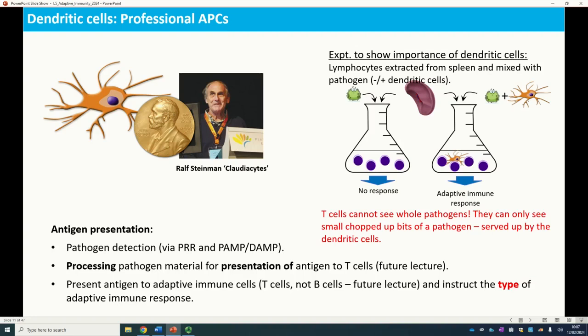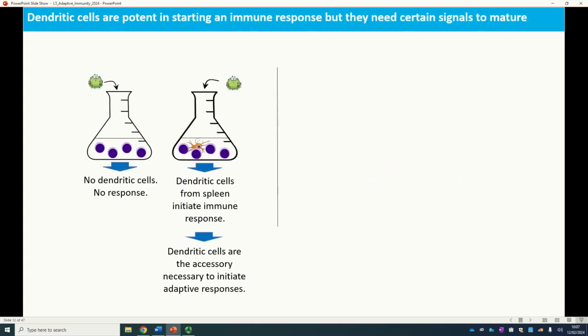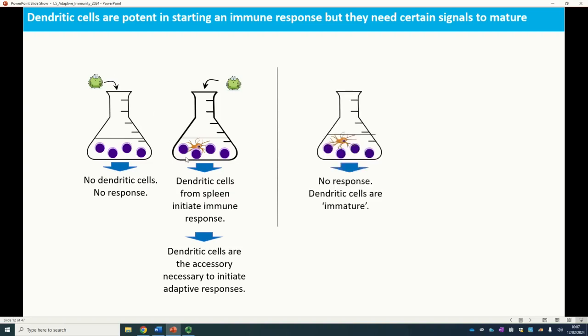And if we look at that experiment in a little bit more detail, this is the same experiment that we discussed, but if we now take lymphocytes and mix them with a dendritic cell, and we also take lymphocytes and a dendritic cell, and this time we mix them with peptides that are chopped up, what might happen, do you think?